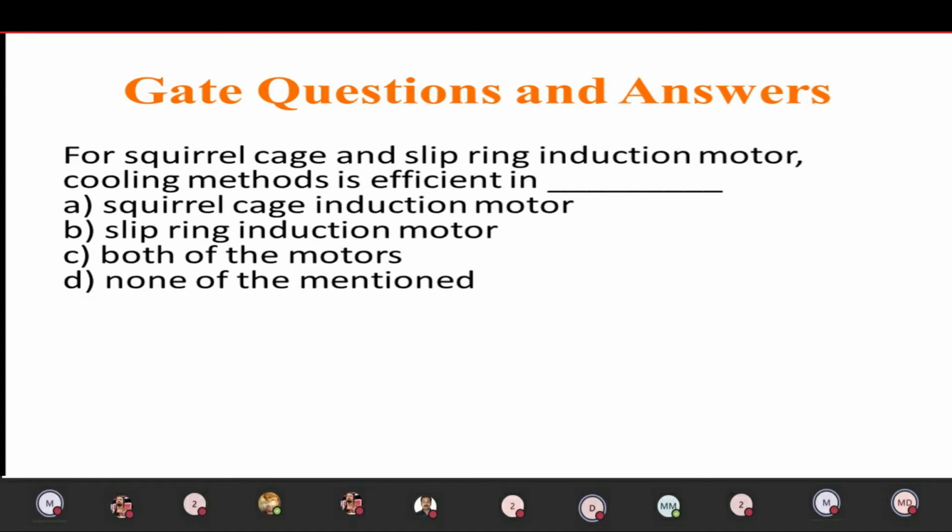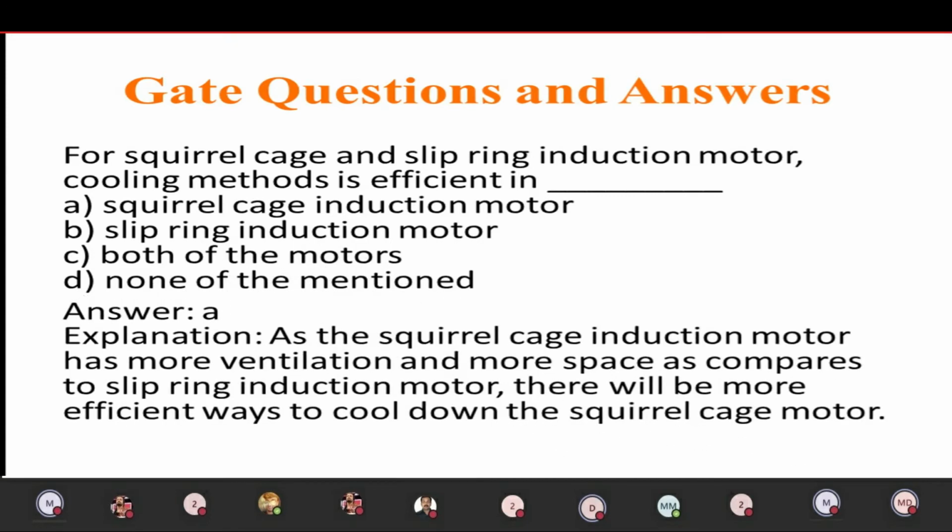In this way, the question appeared: for a squirrel cage and slip ring induction motor, the cooling method is efficient in squirrel cage induction motor, slip ring induction motor, both of the motors, or none of the mentioned. A squirrel cage induction motor has more ventilation and more space compared to a slip ring induction motor, so it is a more efficient way to cool down.